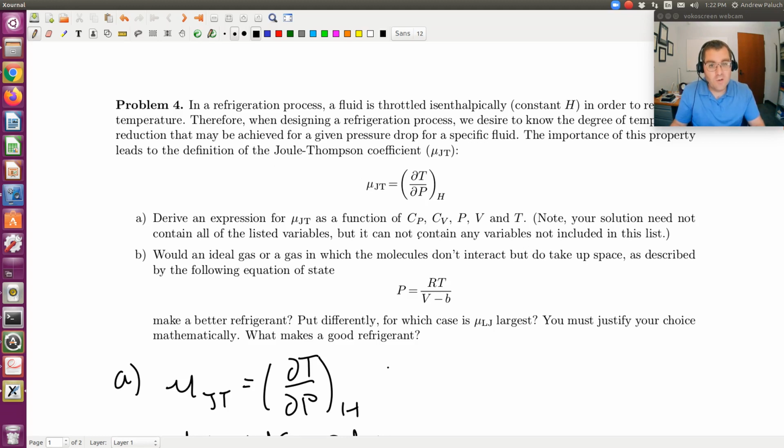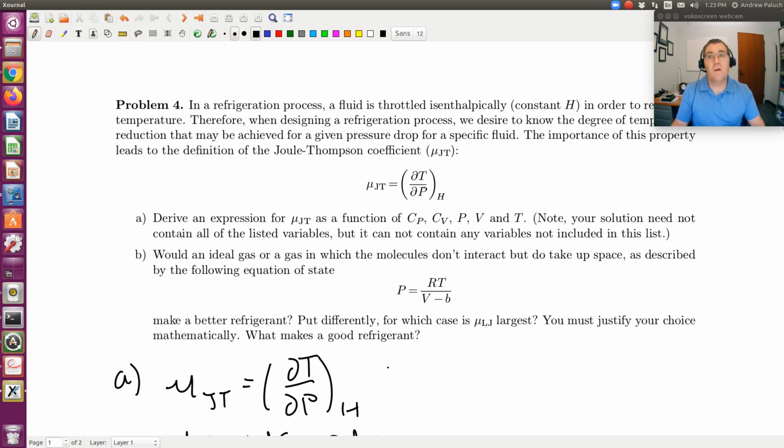Remember, if I'm isenthalpically throttling something, pressure is going to decrease, so dP is going to be negative. When I decrease the pressure, I want temperature to also decrease, so I want dT to also be negative. So what I expect for a refrigerant is for dT/dP at constant H to be positive.